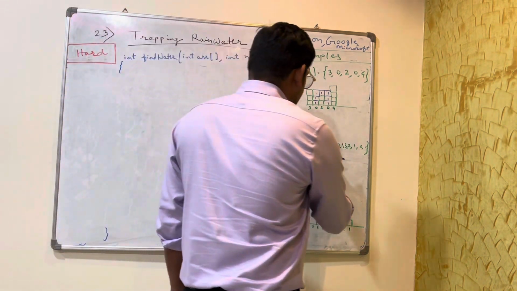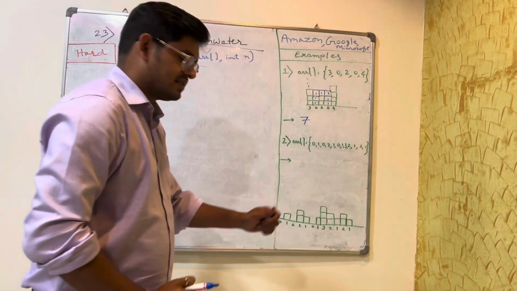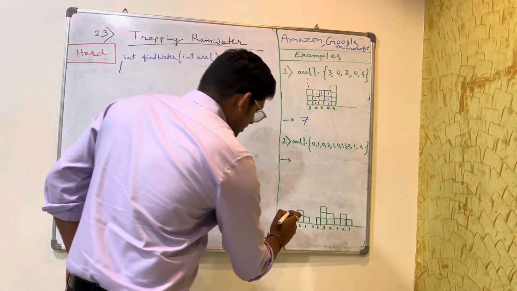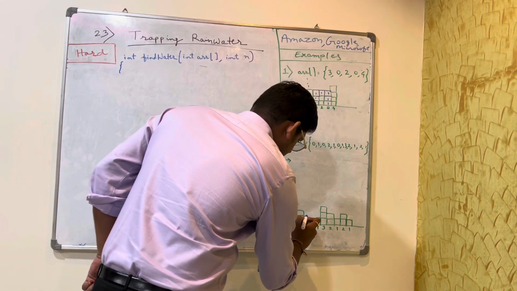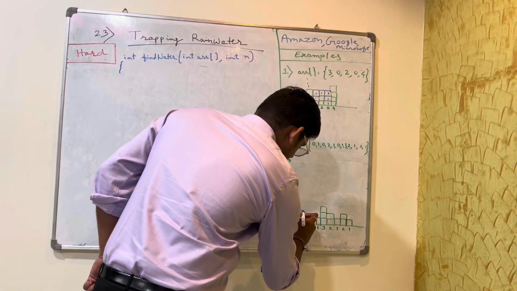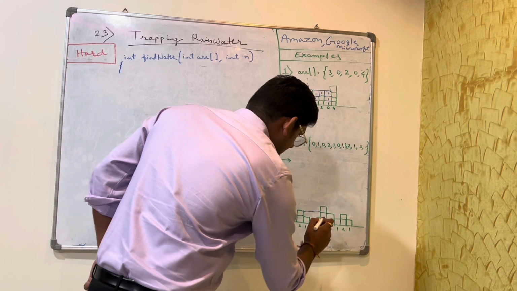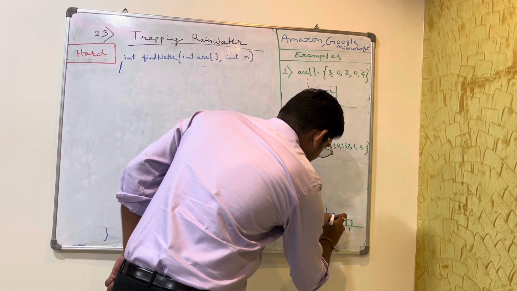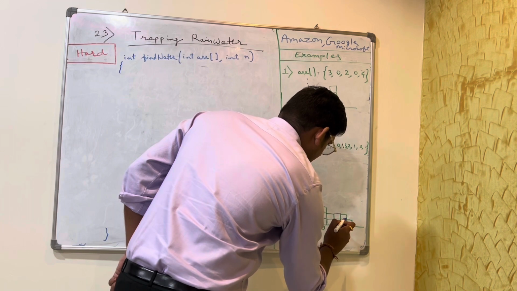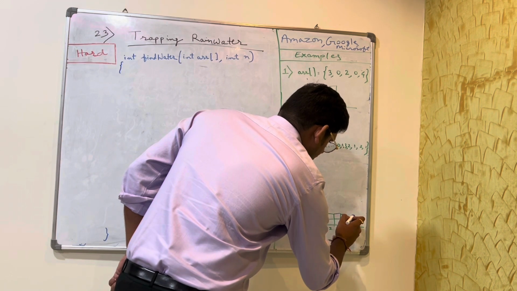So let's solve this example. How much water can this contain? Similarly, we will draw this structure: this part, then it goes like this, and then it cannot go like this because it will fall. It goes like this, and it can't go like this, it will fall.